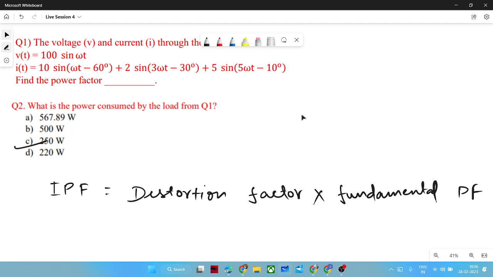See, if we have some waveform which is different from a pure sinusoidal waveform, then we will have to get some distortion factor, and that factor would be definitely less than one, and it will further deteriorate the input power factor. So input power factor would be definitely less than your fundamental power factor.